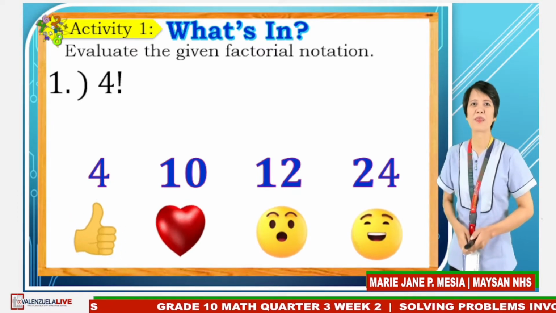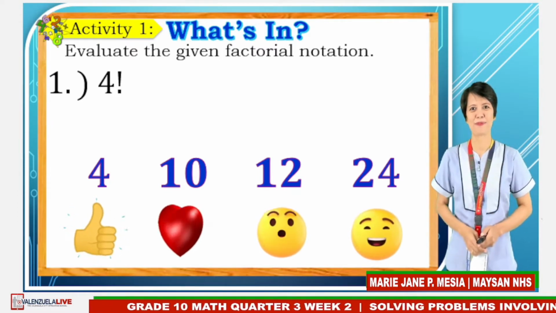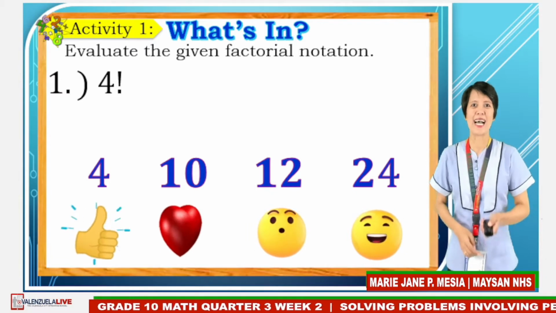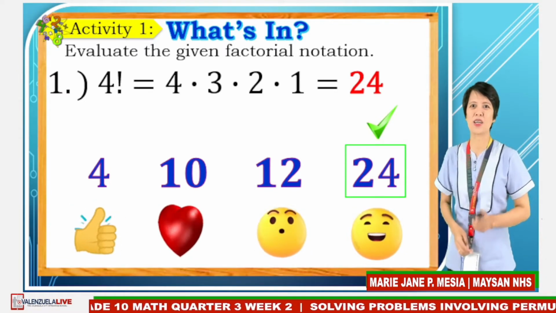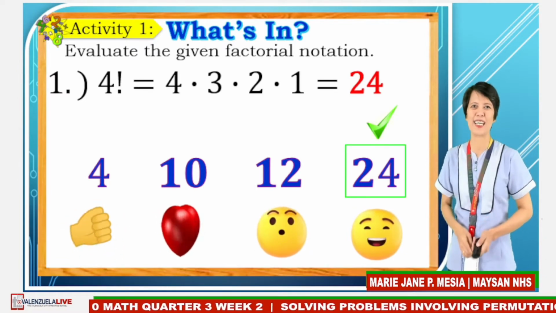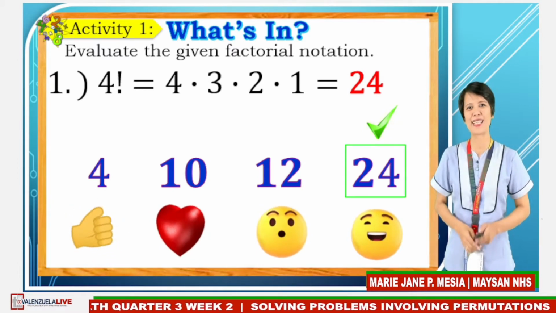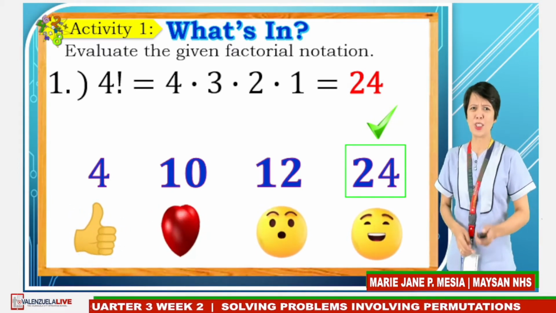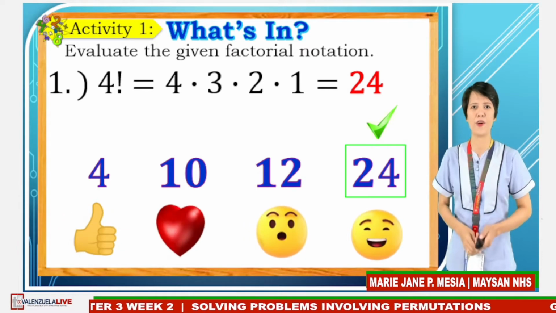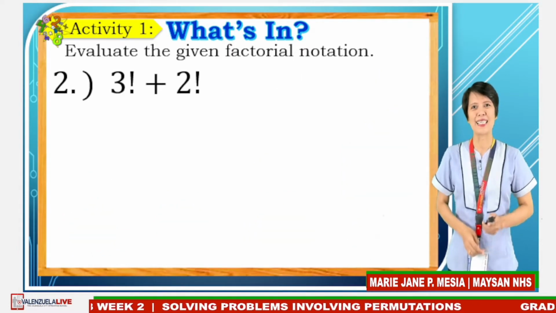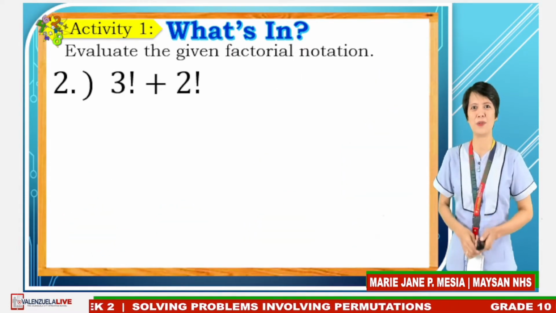Okay, time's up. What is your answer? Very good. It's haha emoji. Because if we expand the 4 factorial, we have 4 times 3 times 2 times 1, which gives the result of 24.